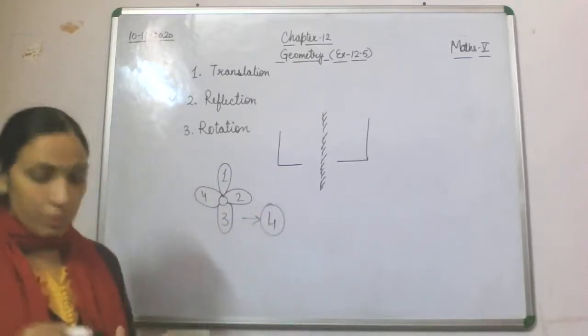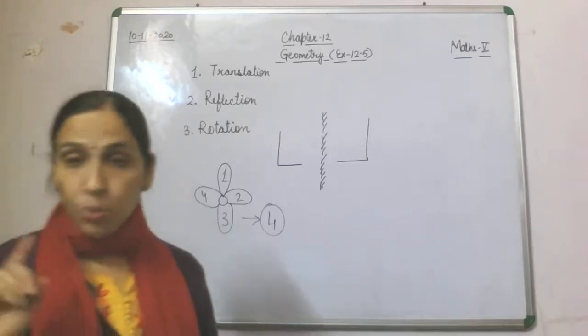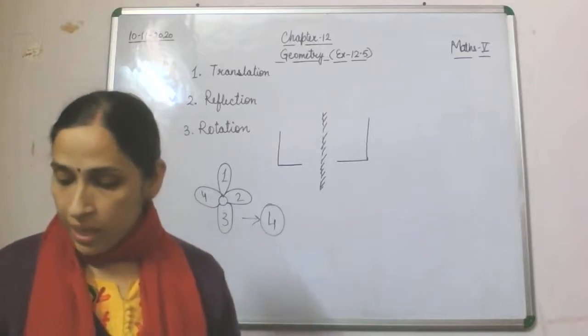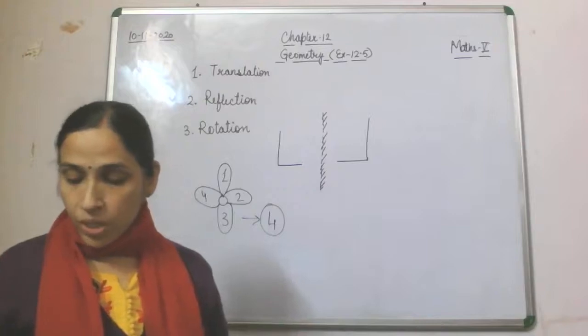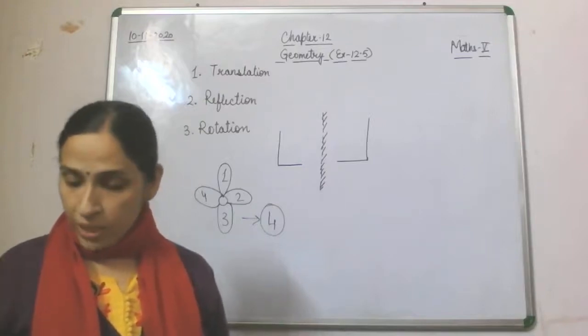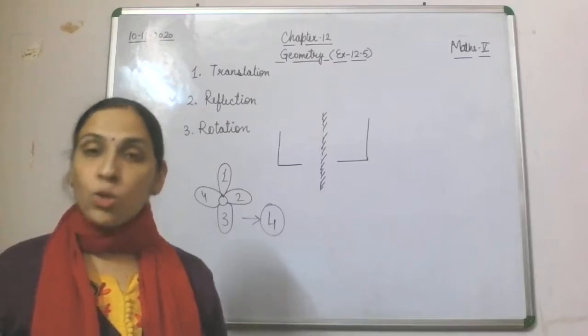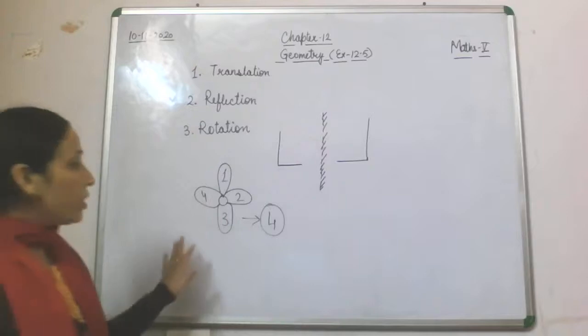Now what do you mean by rotational symmetry? Here you are going to understand this definition: the original figure and the rotated figure are symmetrical. This type of symmetry is called rotational symmetry. Why is it called rotational symmetry?